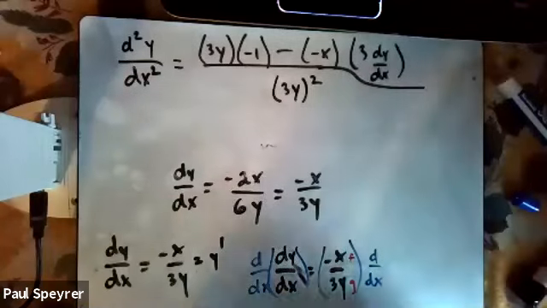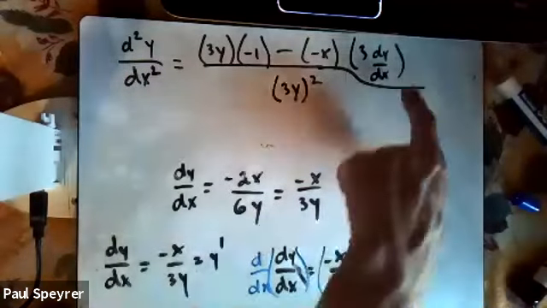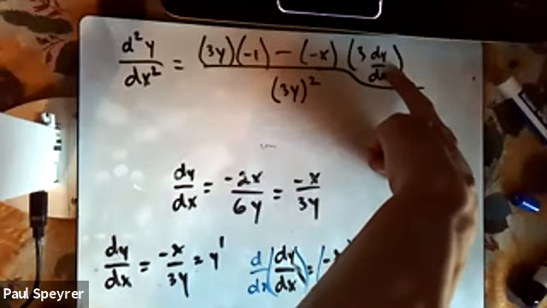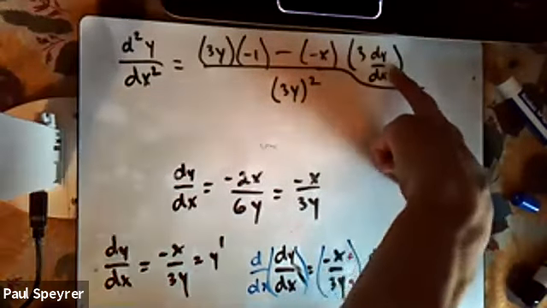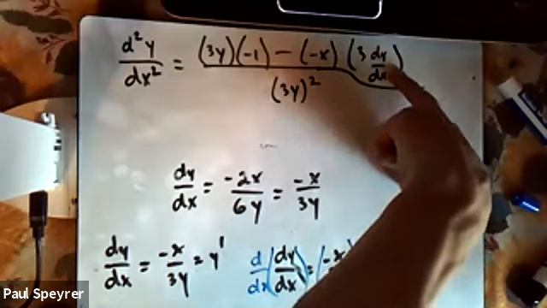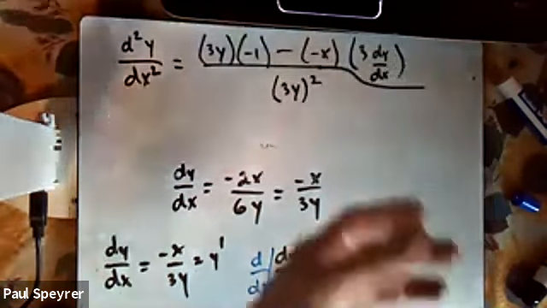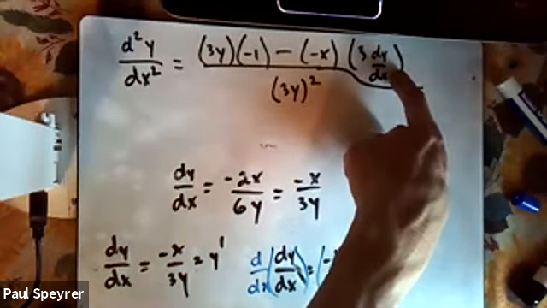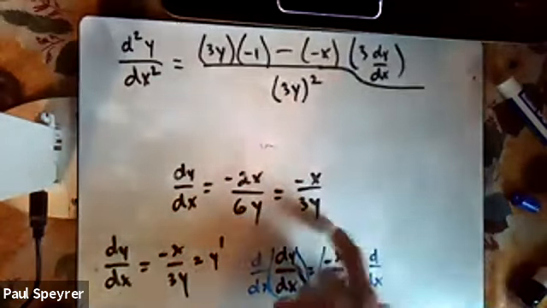Now, what do we do from here, right? Because you have this dy dx, and we're wondering what is that? Do we leave it like that? No, we actually have to not get rid of it, but rewrite it in terms of just x's and y's. Well, we know what dy dx is. It's negative x over 3y.